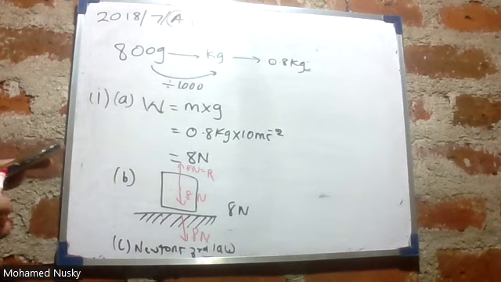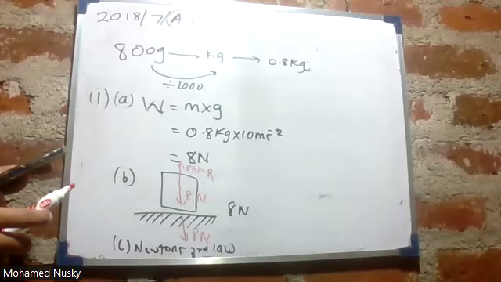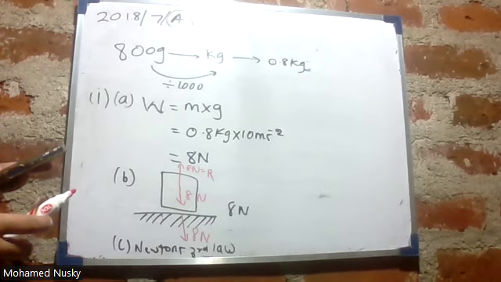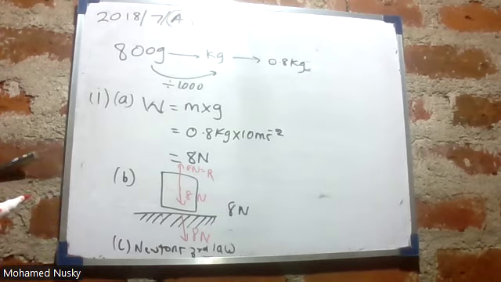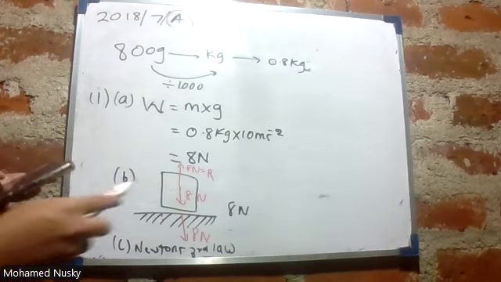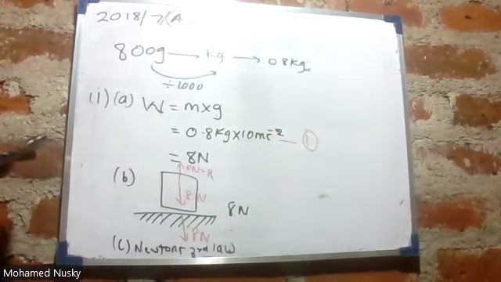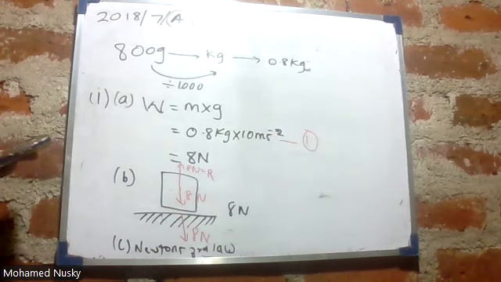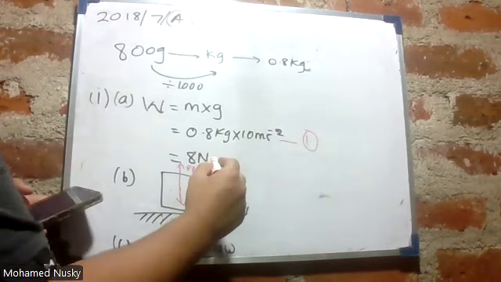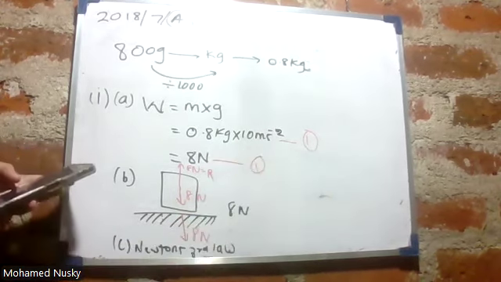Now we will see the marks allocation for this. Weight. For this substitution, they have given 1 mark. For the answer, they have given 1 mark.